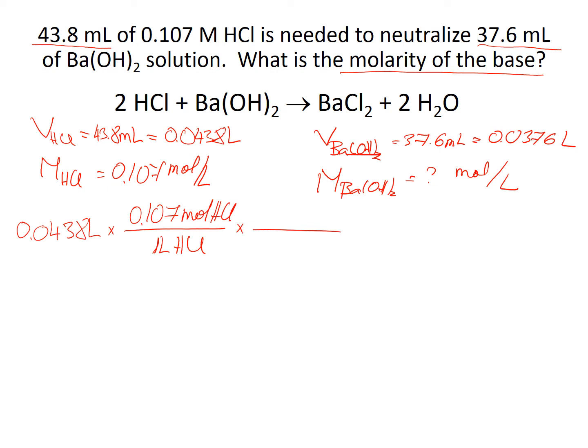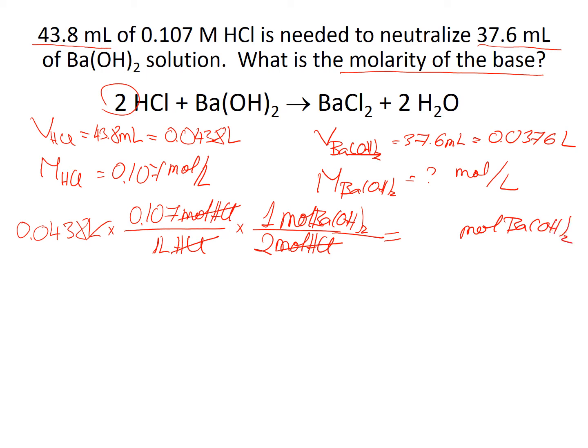Then we're going to say that in order to react hydrochloric acid with barium hydroxide, for every 2 moles of hydrochloric acid, we also need 1 mole of barium hydroxide. And with that, everything but the moles of barium hydroxide cancel out.